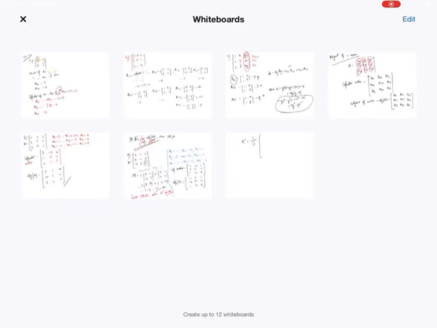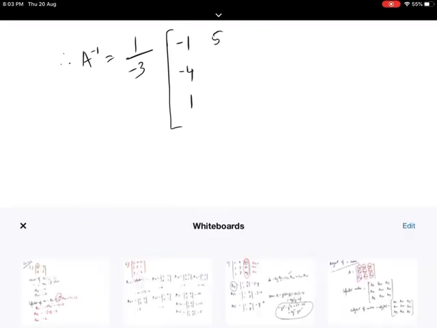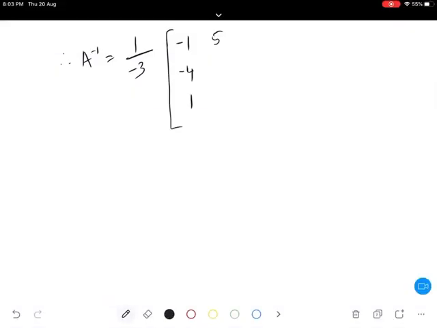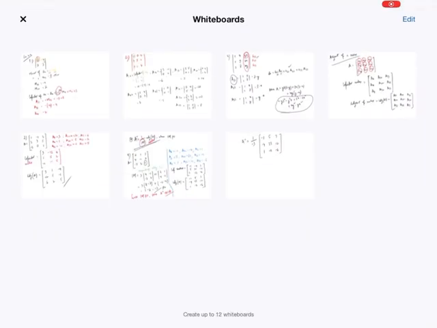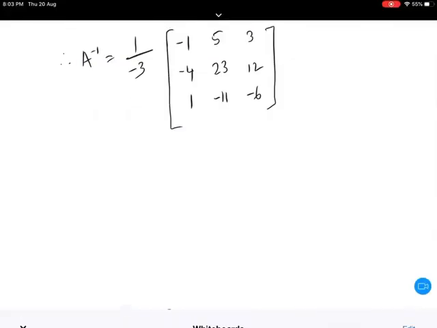Minus 1, minus 4, 1, 5, 23, minus 11, 3, 12, minus 6. Is it correct? Yes, it's correct. So now what we can do is take this minus inside. Just leave this 3 outside because it will look nice.